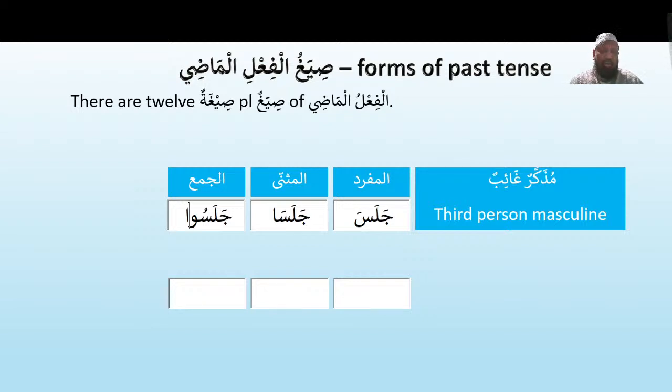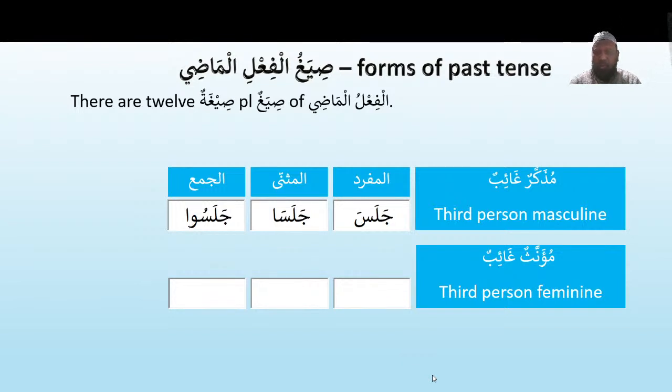So this waw is ad-damir al-bariz. You can see it is visible. الضمير المرفوع المتصل. Next, مؤنث غائب. Third person feminine. We've learned how to make فعل ماضي مؤنث.